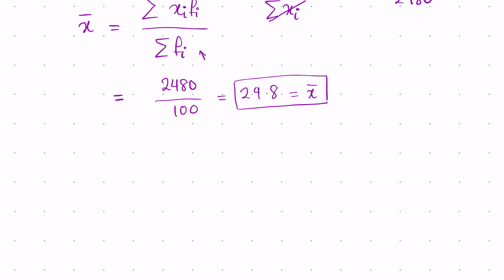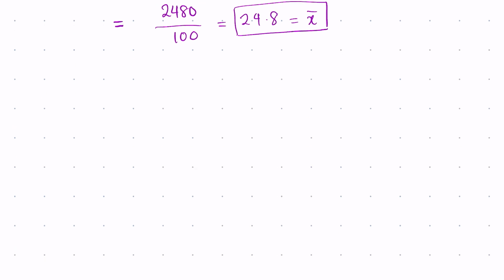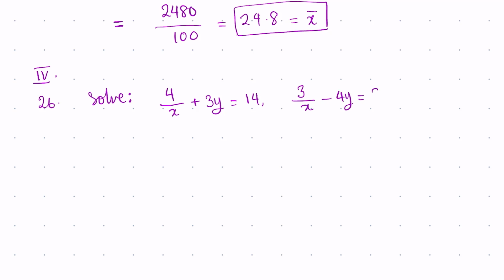Next we have question number 26 and a new section. Section 4, question 26, it says solve. Okay, we'll solve it. 4 divided by x plus 3y is equal to 14. 3 divided by x minus 4y is equal to 23.